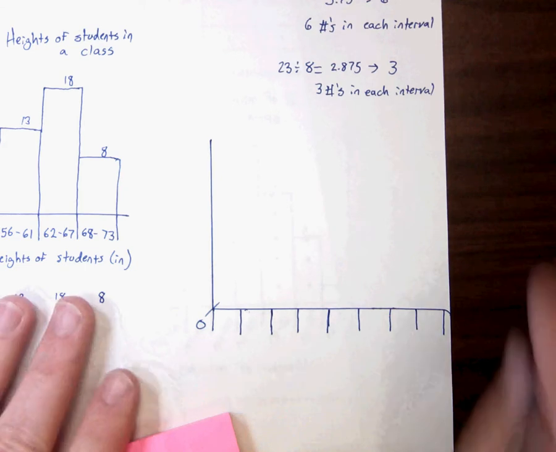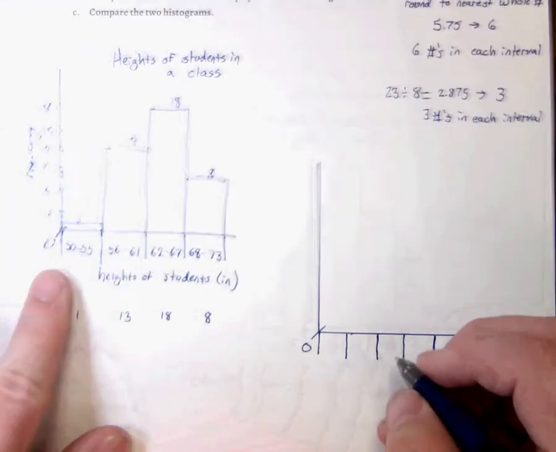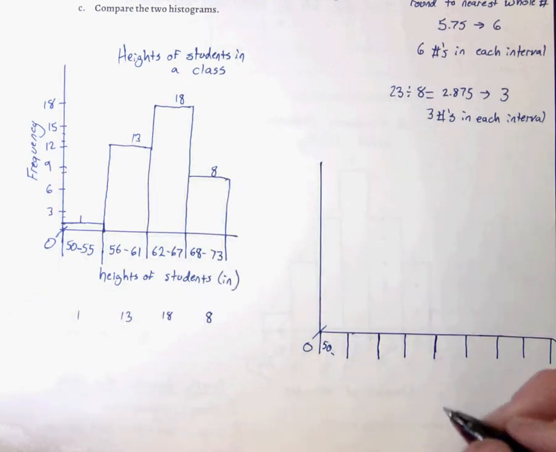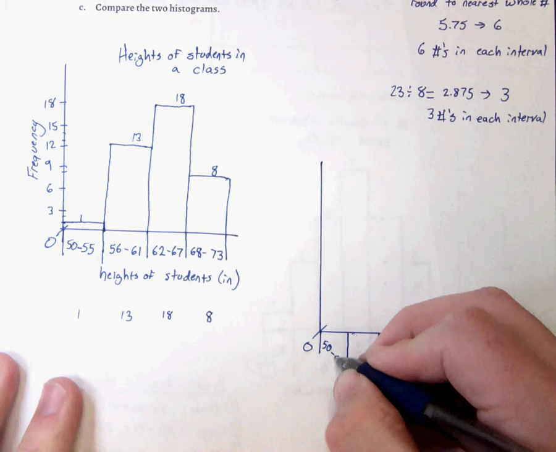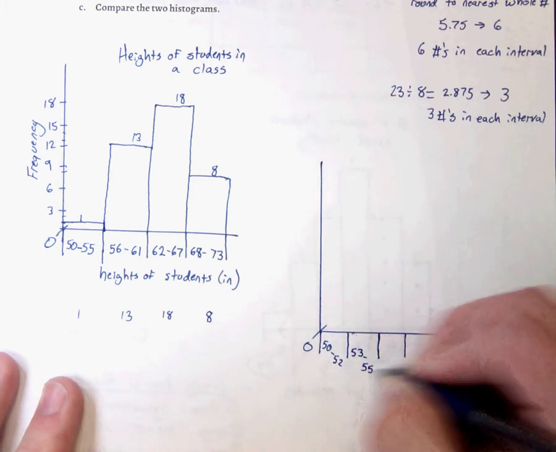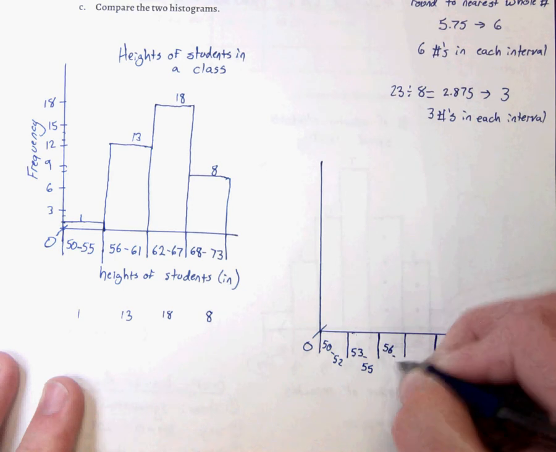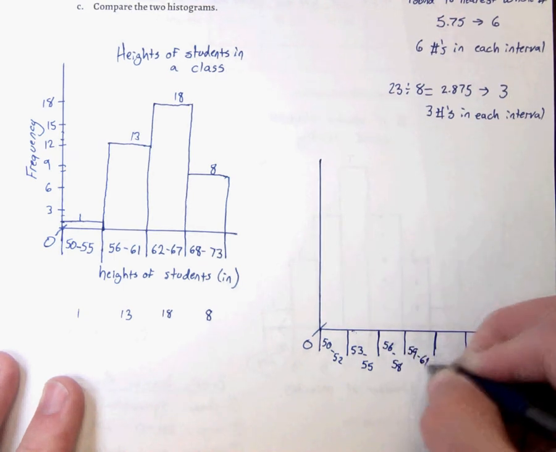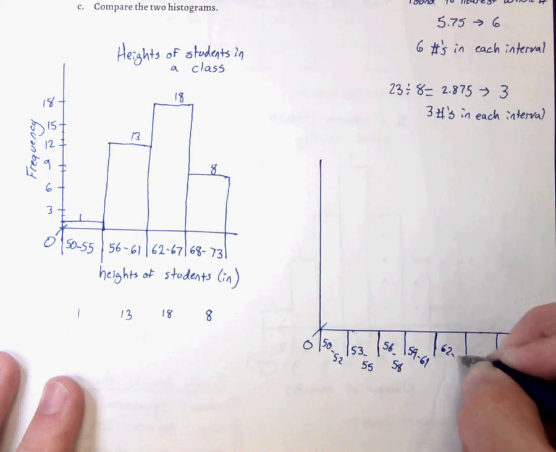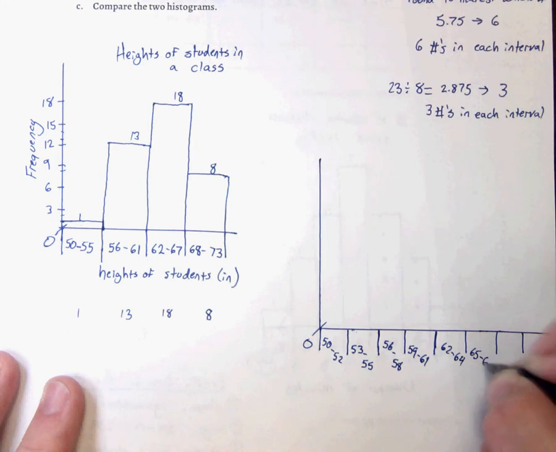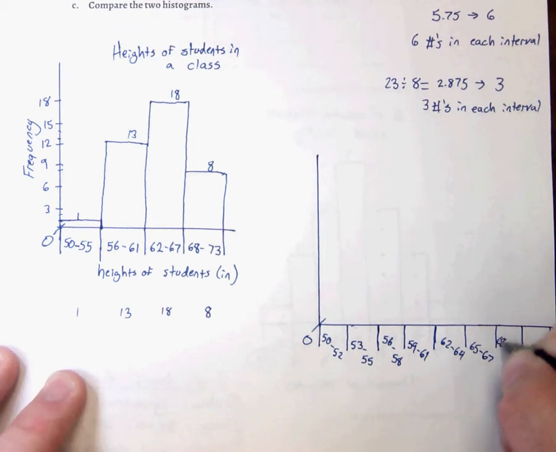So 50, 51, 52, 53, 54, 55, 56, 57, 58, 59, 60, 61, 62, 63, 64, 65, 66, 67, 68, 69, 70, 71, 72, 73. Three numbers in every interval.